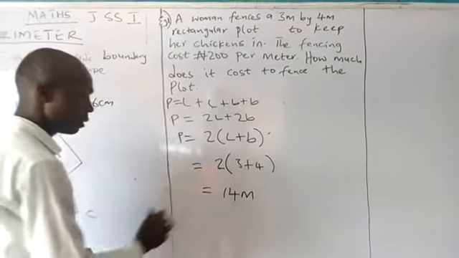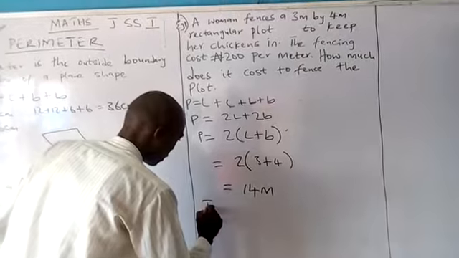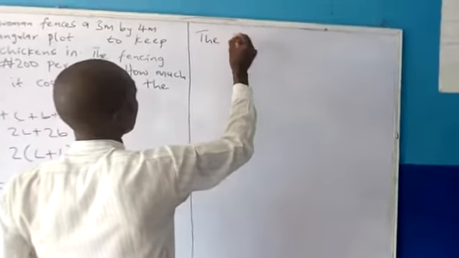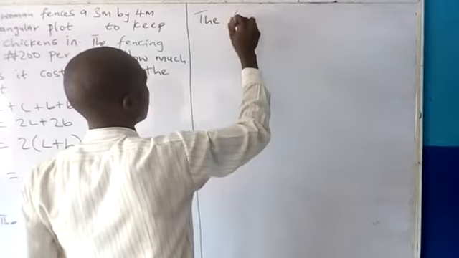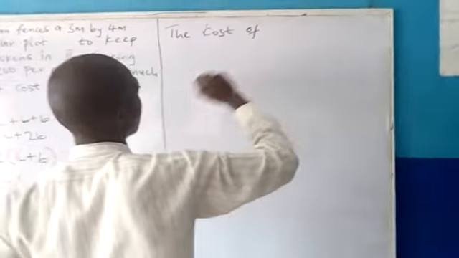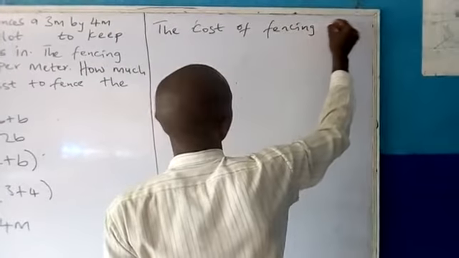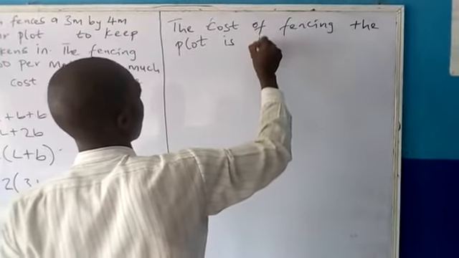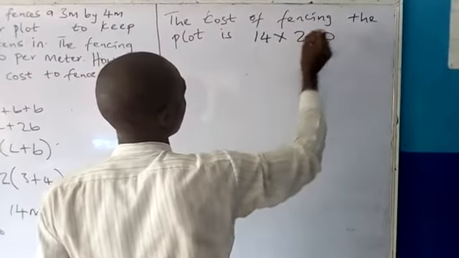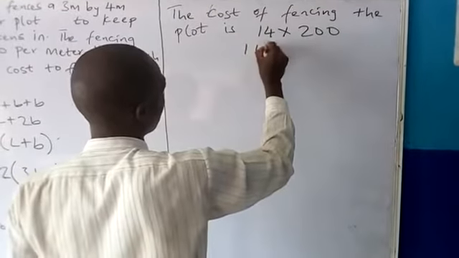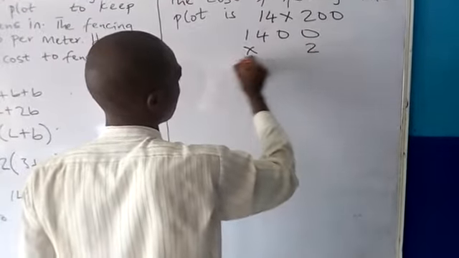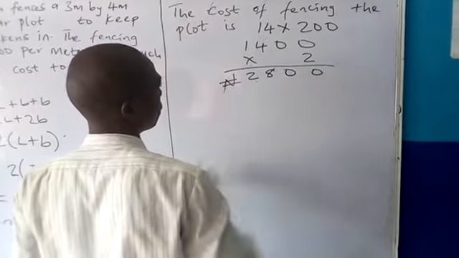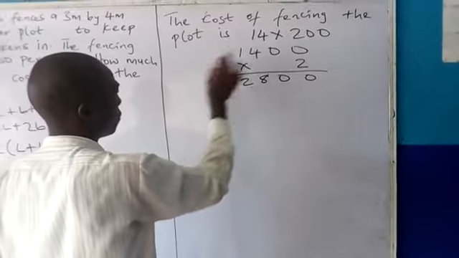Which means the cost of fencing the plot is 14 times 200, which will give us 1400 times 2, which is 2,800 naira.